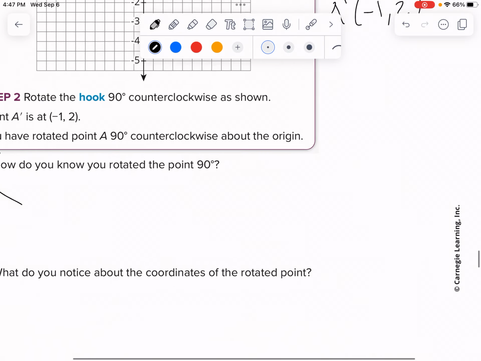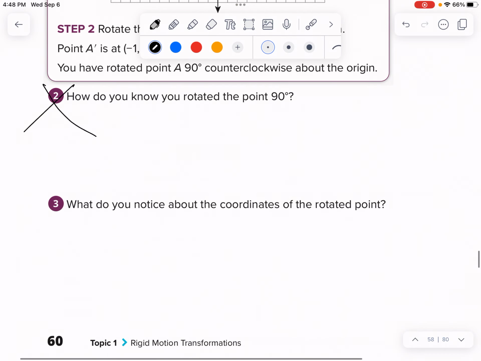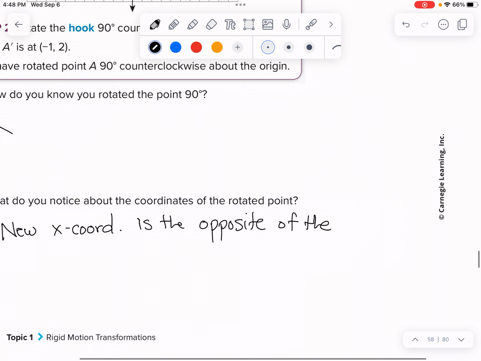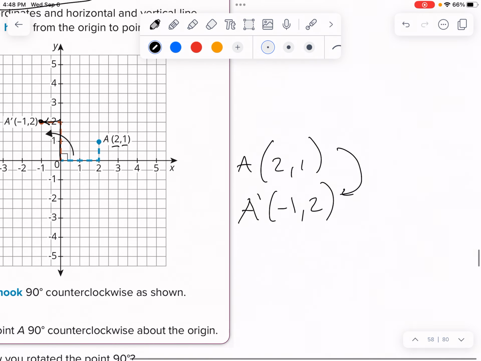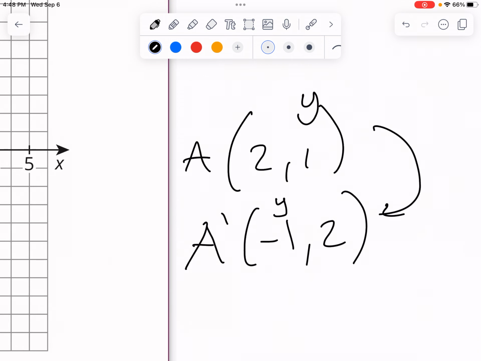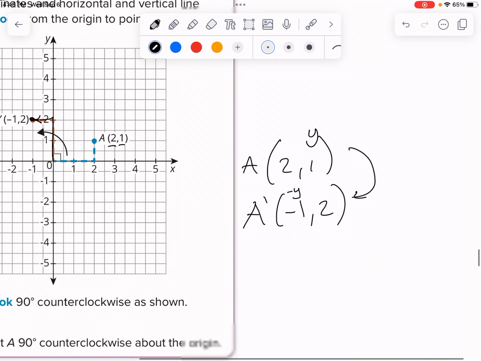So here we can put, for number 3, the new x coordinate is the opposite of the y coordinate. I'll just put y. Because 1 was y, but now that 1 is right over here, but it's the opposite of it. I'll put a -1 or -y.